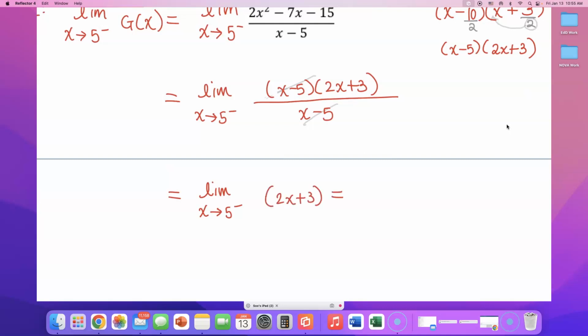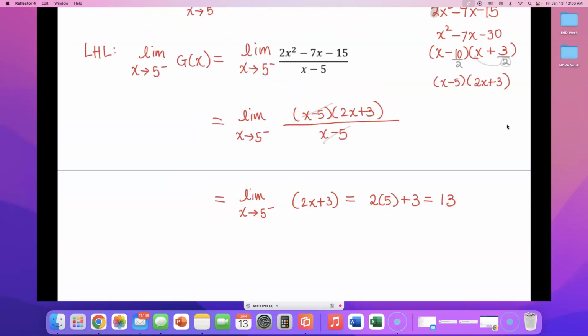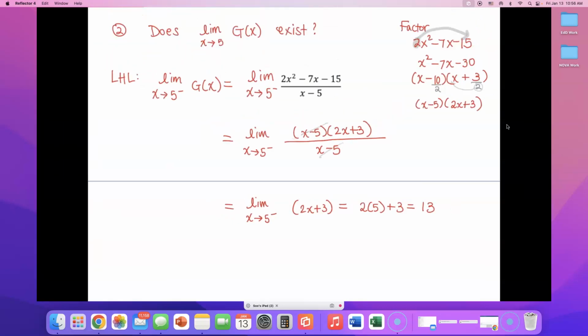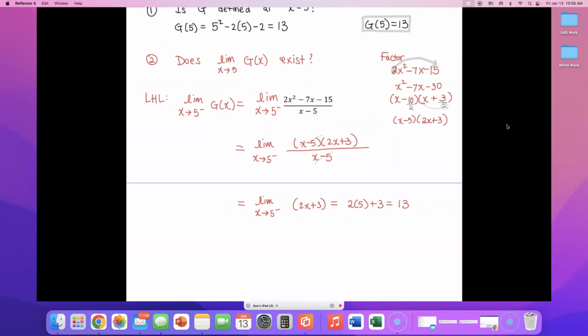All I need to do is plug in this 5 in here. 2 times 5 plus 3. And that's equal to 13. Wow. So in order for me to evaluate this left-hand limit, I had to use the factor and simplify method. But I see algebraically that this is going to be approaching 13.